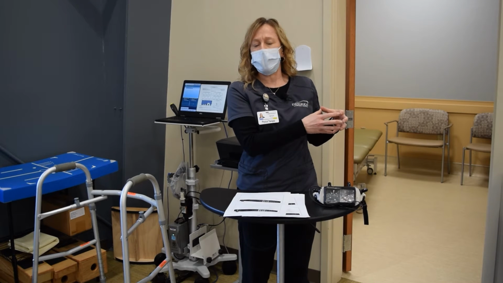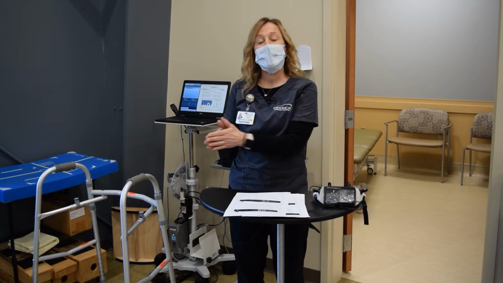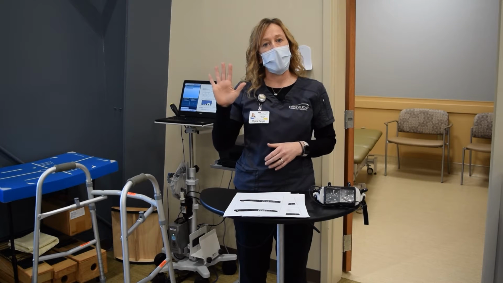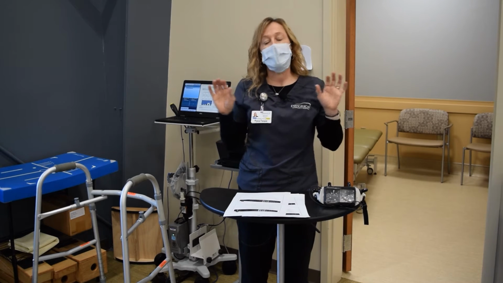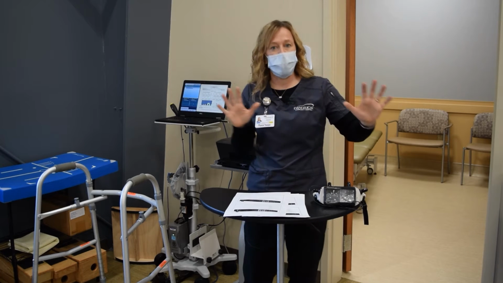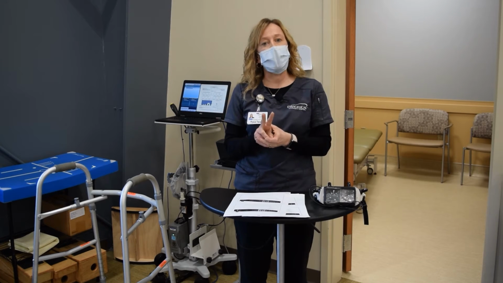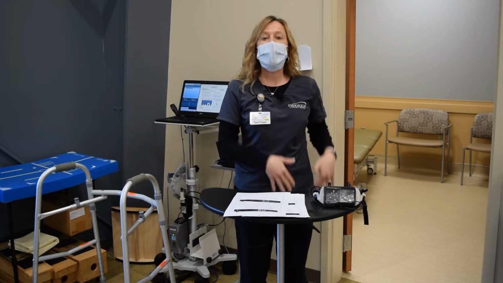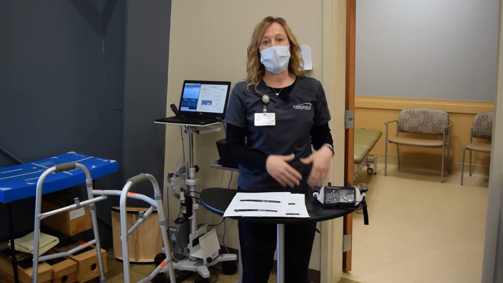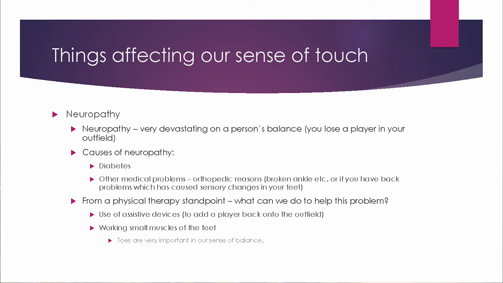That outfielder is now sitting on the bench, and you have to over-rely on your eyes and your ears to sort of help manage the field. So now you're down to 2 players versus 3 players. If you have things like neuropathy, some of the things from a therapist perspective that we might recommend is using a cane or a walker.